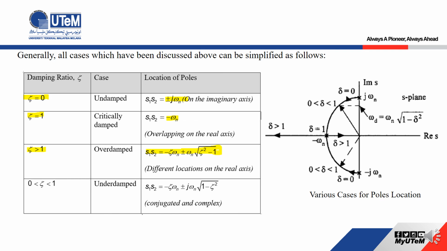For the underdamped case, zeta should be between 0 and 1. In this case, the poles are placed at complex locations. In order to represent the location of the poles, we can use this equation. So this is how we can summarize all these equations in the S plane.